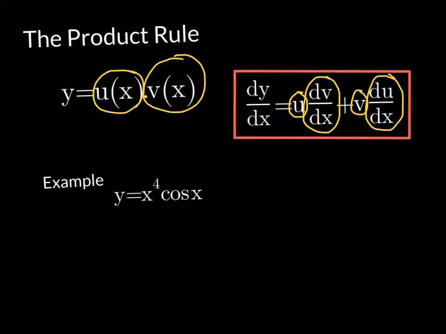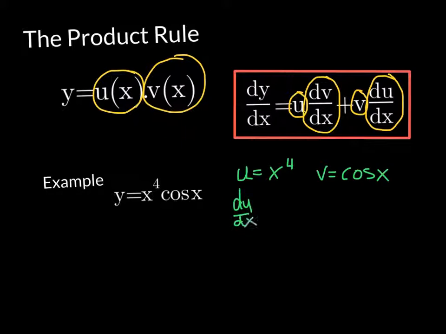Okay, so again, to see what I mean, let's look at an example. Here we have y is equal to x to the power of 4 multiplied by cos x. So we can split this into two separate functions of x. First we have u is equal to x to the power of 4, and then v is equal to cos x. So the first thing that we want to do is find an expression for du by dx.